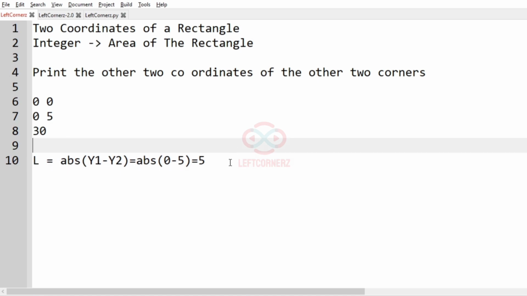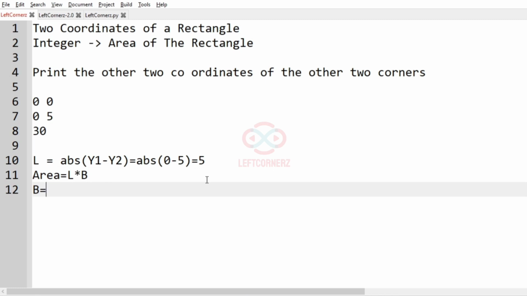For finding breadth we can use the area. So area is equal to length into breadth. So breadth is equal to area by length. Here the area is 30. So 30 divided by 5. So the breadth here is 6.